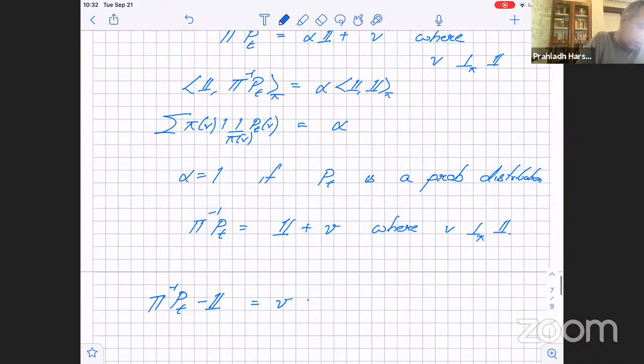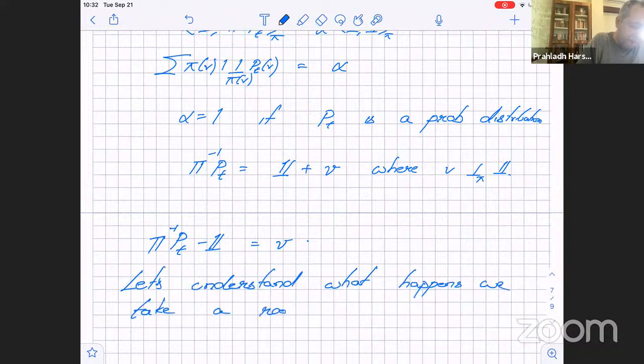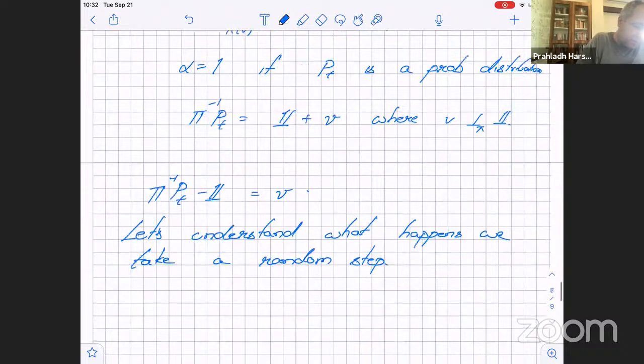Now let's understand what happens when we take a step in the graph. We take a random step. So that's just π⁻¹p_{t+1} minus 1. This is by definition π⁻¹M transpose p_t minus 1.